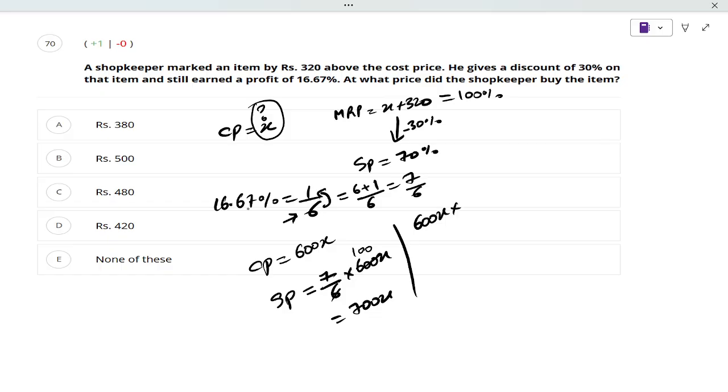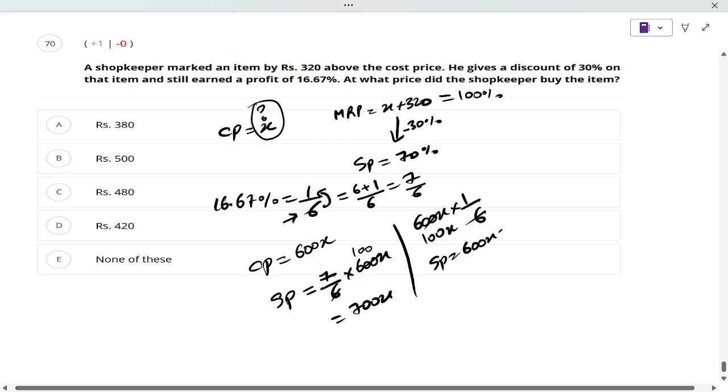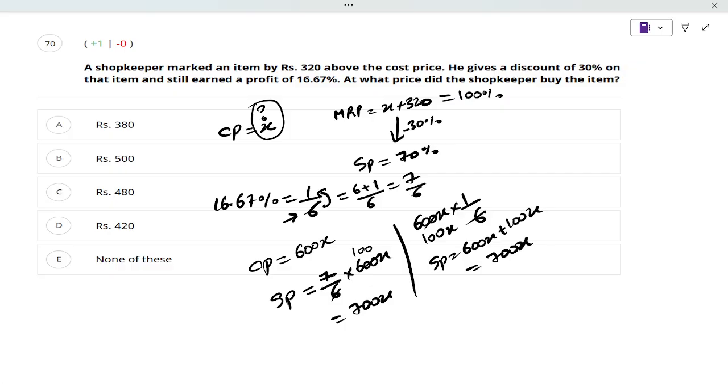We need to find 16.67. So 16.67 is nothing but 1 by 6. So here if we cancel it, we're getting 100x. Yes, then this is the profit or no? So if the cost price is 600x, then the selling price will be what? 600x plus 100x. Then this will give us 700x. So we're getting still the same.